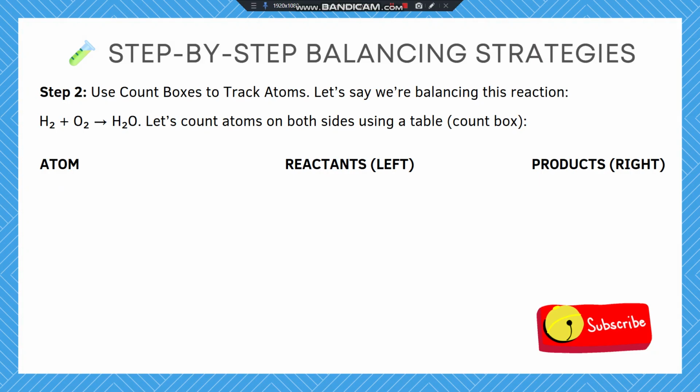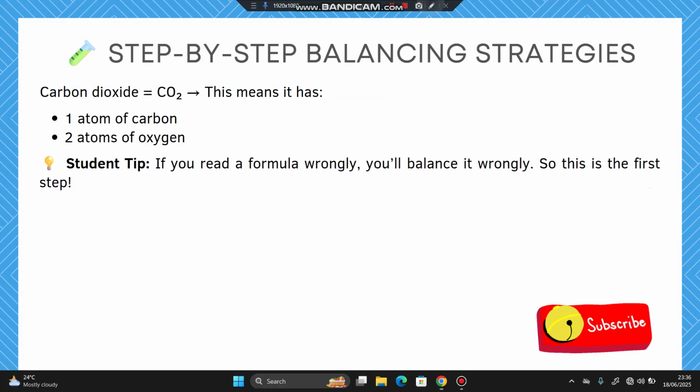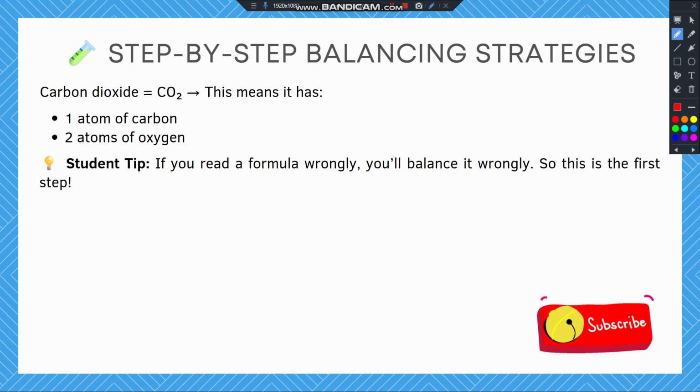Now here is another example to buttress what we've just said. Here is carbon dioxide on the screen right now. Carbon dioxide has the formula CO2. Now CO2 has a number of things that it can denote. First of all, we have the symbol C, which stands for carbon, and it is showing us that there is just 1 atom of carbon present, and there are 2 atoms of oxygen present in this compound.